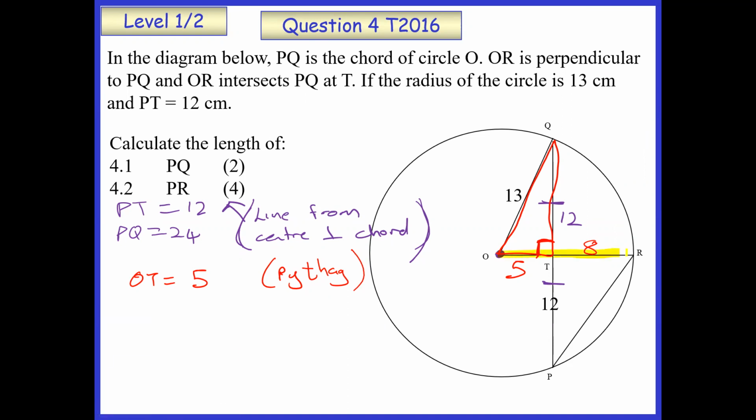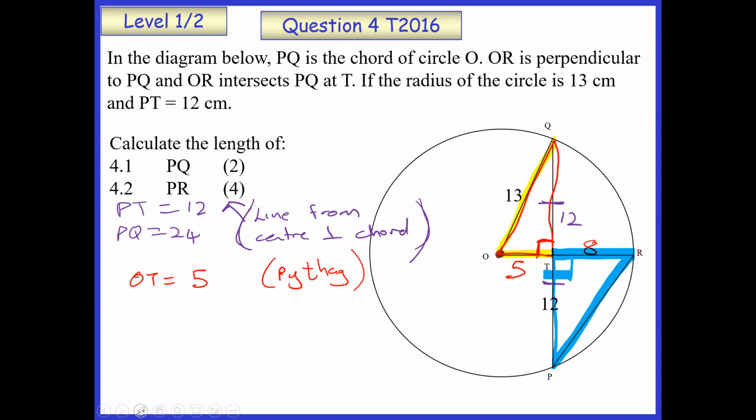Can you see the radius that he's talking about? If that's 13, then OR has to be 13. And then in the blue triangle, remember, that's also 90. So we can use Pythagoras and we can find PR: 12 squared plus 8 squared, which will give me 144 plus 64.